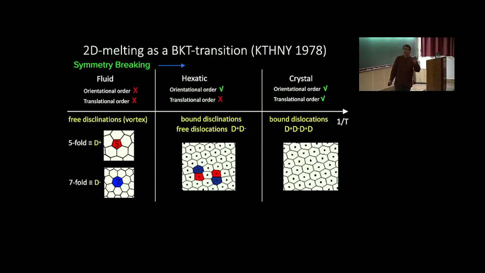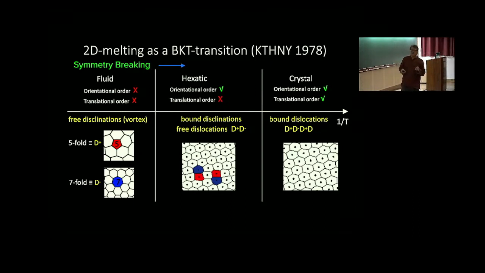So in the equilibrium case, this is the theory of 2D melting, as Oog discussed. If we go from left to right in terms of symmetry breaking, we start with a fluid. It is disordered with respect to all symmetries, rotations and translations, and it's dominated by a topological defect, which is a disclination, which I'll discuss in a minute.